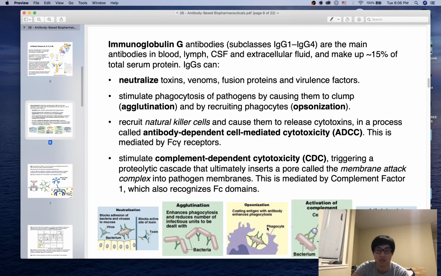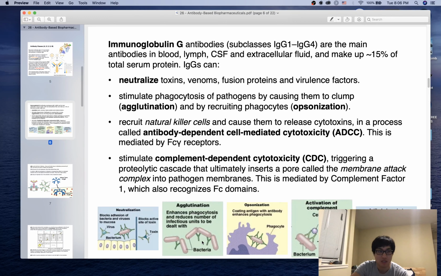But for this one, the antibody must have the Fc domain, because the Fc domain is going to be recognized by the phagocyte. So this function should have an Fc domain, but this one does not need it. Here the Fc domain is not necessary.